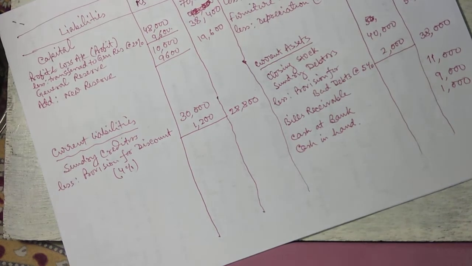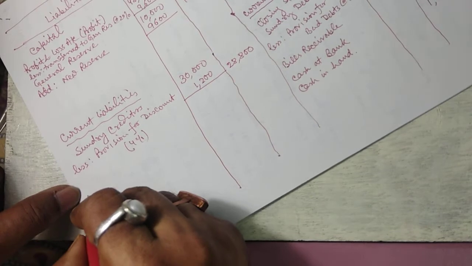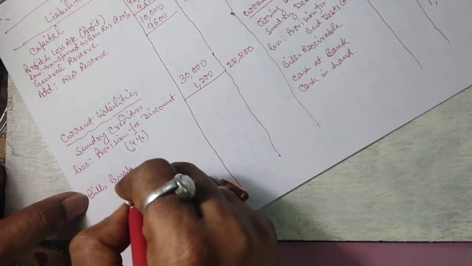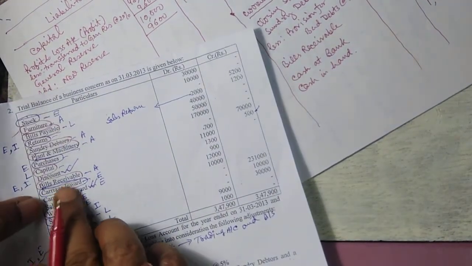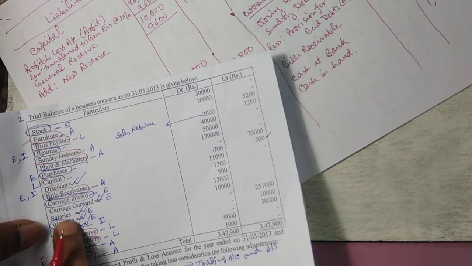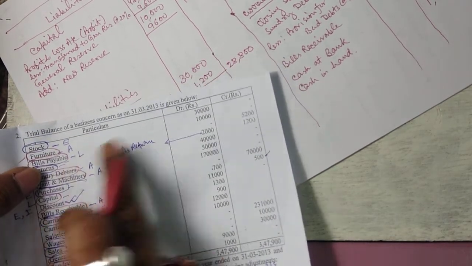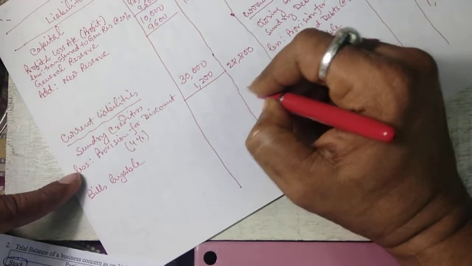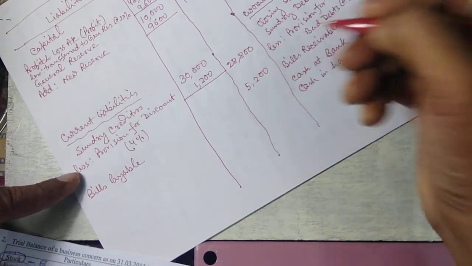Sundry creditors. Next, bills payable. You should write here bills payable. What is the amount of bills payable? Bills payable 5,200. So 5,200 should be written in the outer column. 5,200 bills payable.